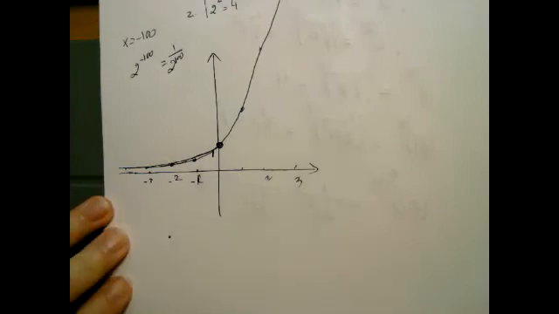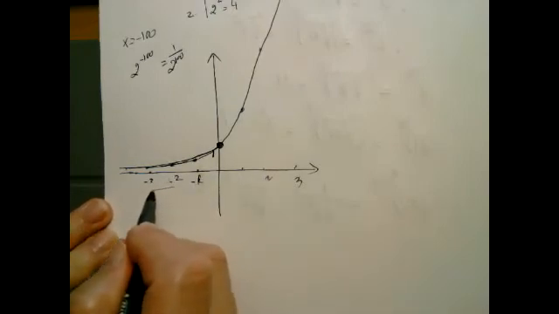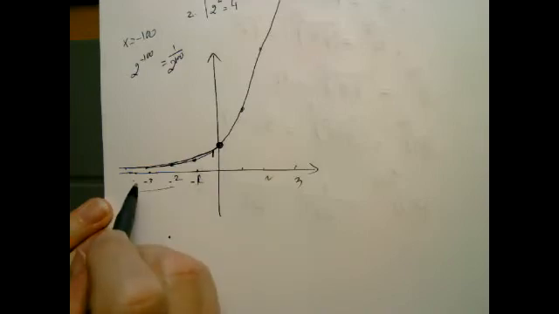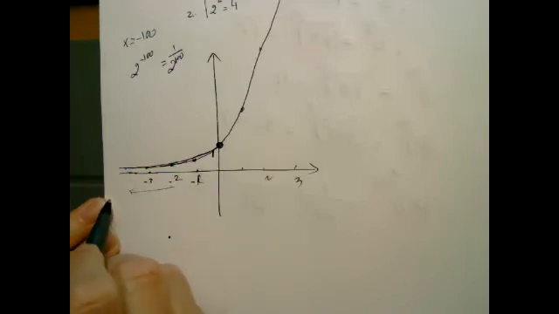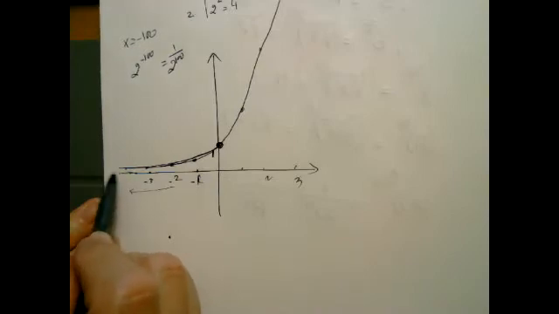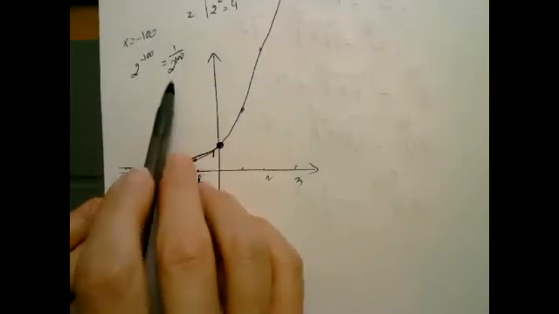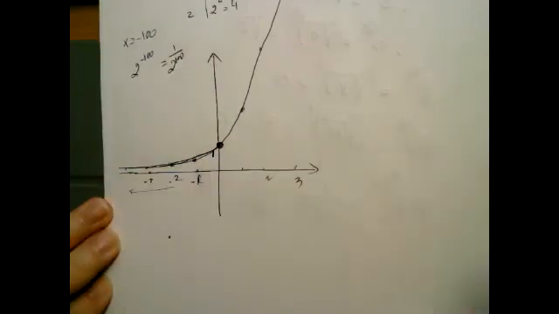Now, another important thing. When x starts taking large negative values, what's happening to 2 to the x? What type of value is it taking? Smaller and smaller values. If x is minus 100, the output is 0.0 and billions of zeros, very, very tiny.